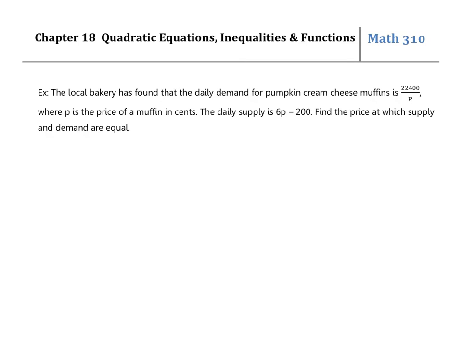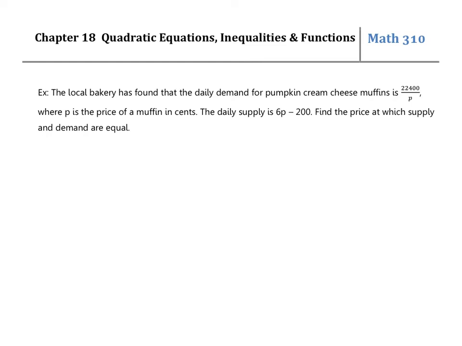Here is a supply and demand question. The local bakery found that the daily demand for pumpkin cream cheese muffins is 22,400 divided by the price of a muffin in cents. The daily supply is 6 times the price of the muffin minus 200.